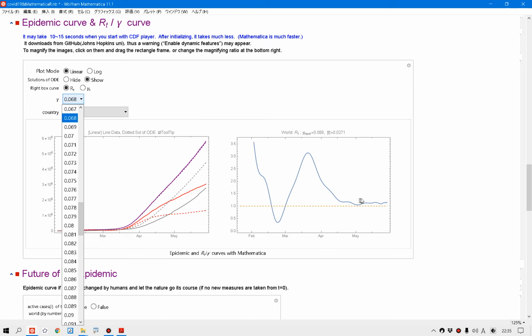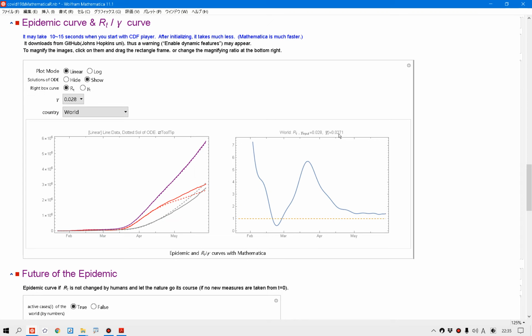This is gamma. Average is 0.027. But I think it should be 0.05.